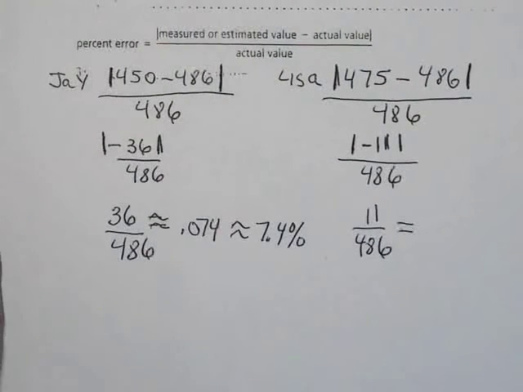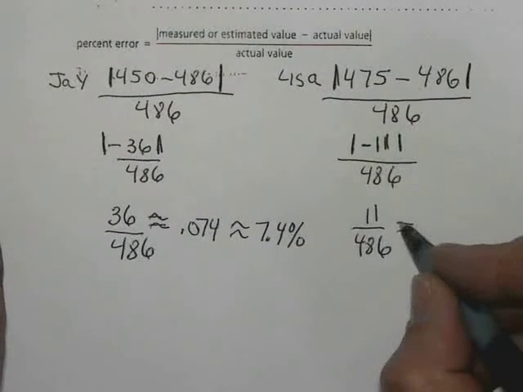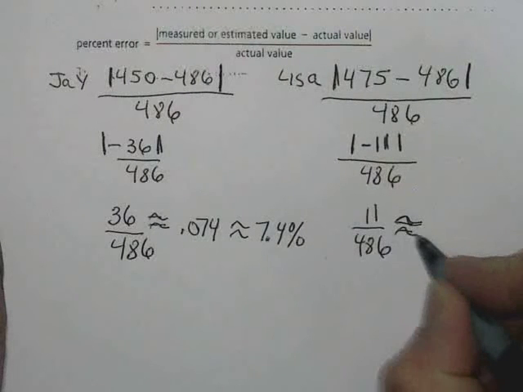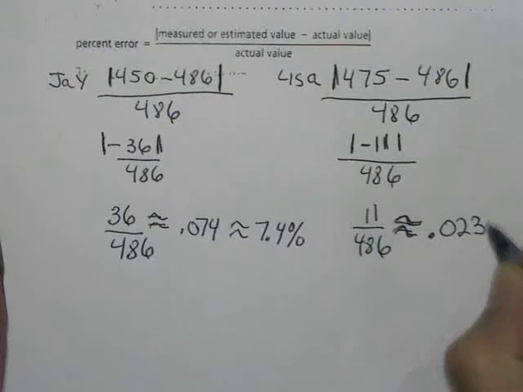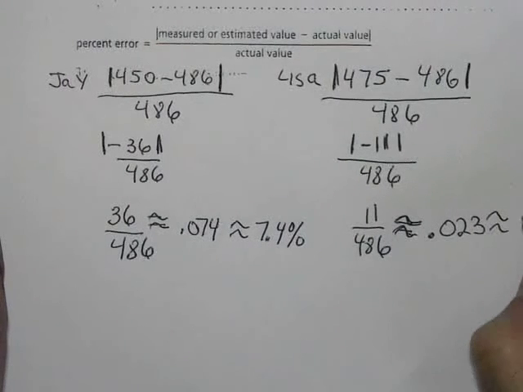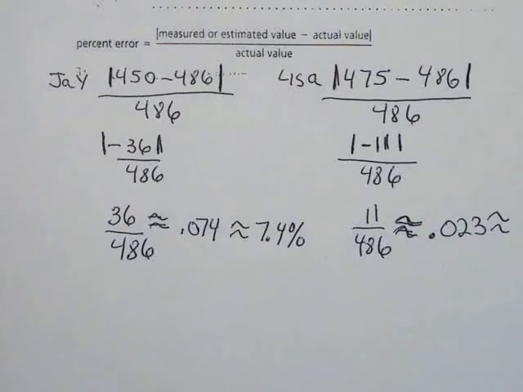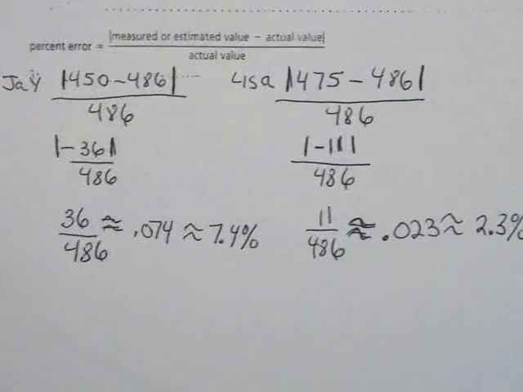And for Lisa, at 11 over 486, that would be approximately 0.023. I apologize once again. Should use approximate, 0.023, which would be approximately 2.3%.